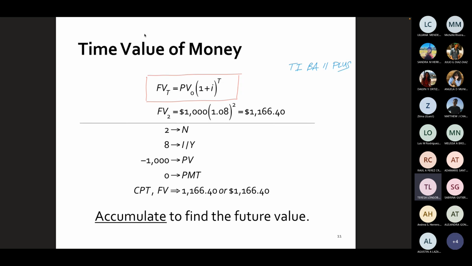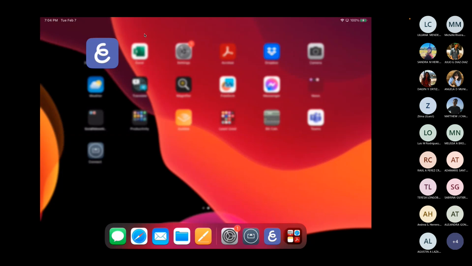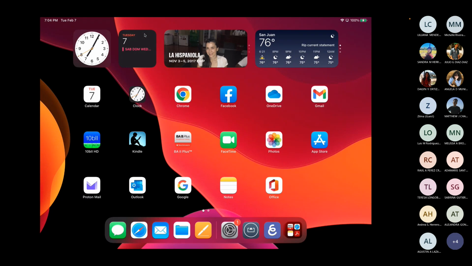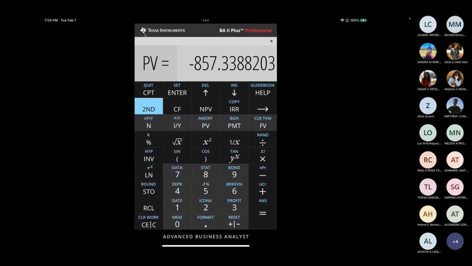So are you ready? So N is 2. I'm going to use the third row. You see these? These are the time value of money keys. This is the time value of money row.